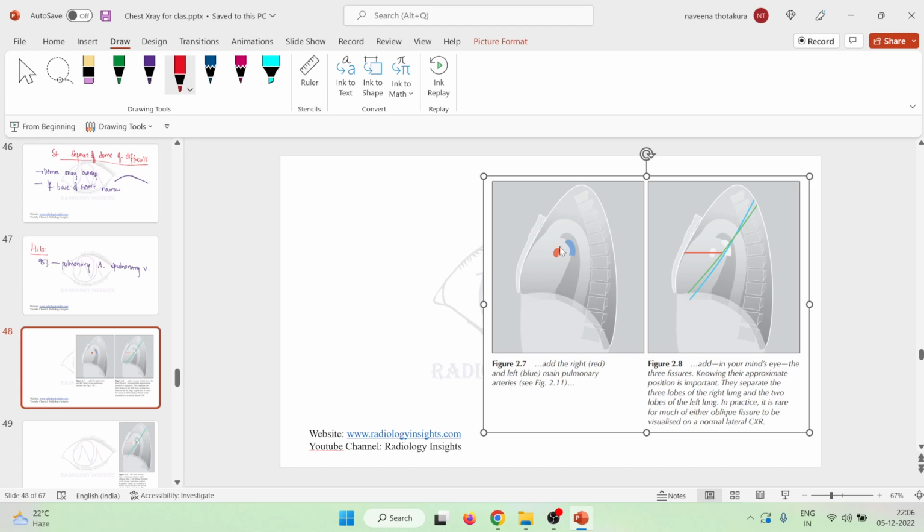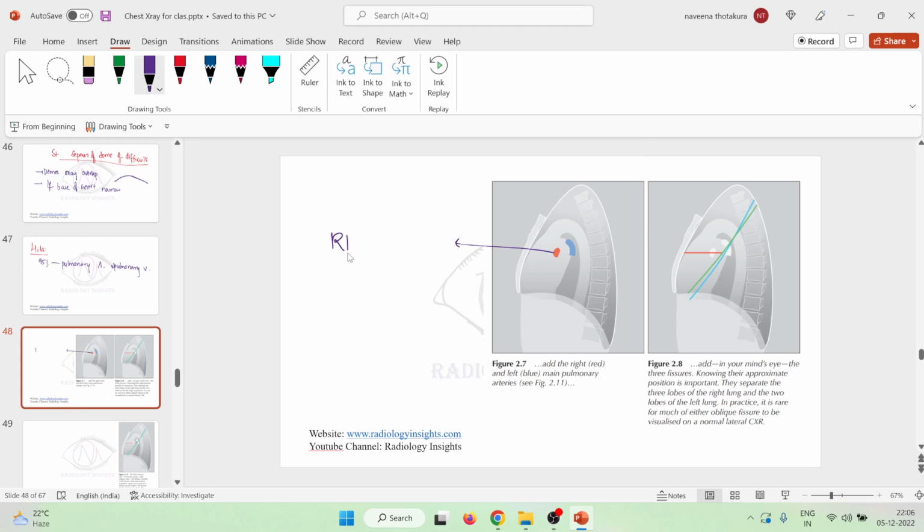This red one is actually the right main pulmonary artery, whereas this is the left main pulmonary artery. Okay, we can see the right and left main pulmonary arteries in the hila of the lung. So some of the left and right hilar densities can also be seen on the lateral X-ray.